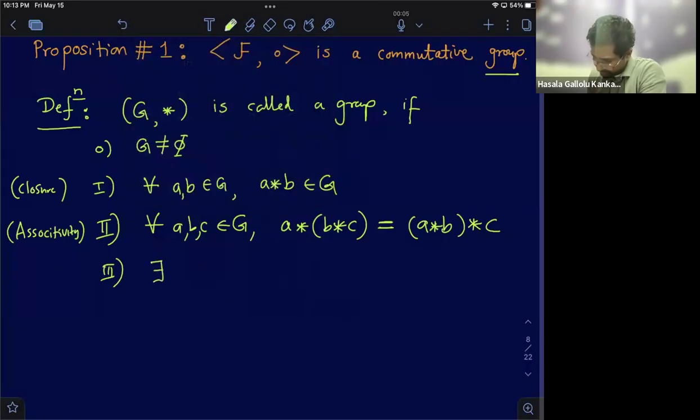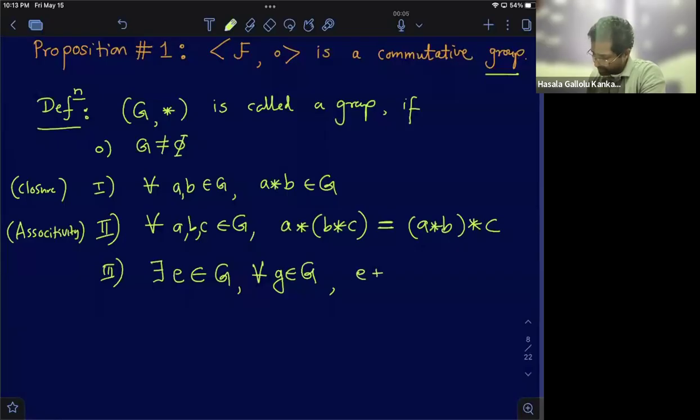There exists a universal element E. I'm just calling it universal because it's not depending on any other element. So that every element coming from this G, you can just call it G or let's say any element, right?